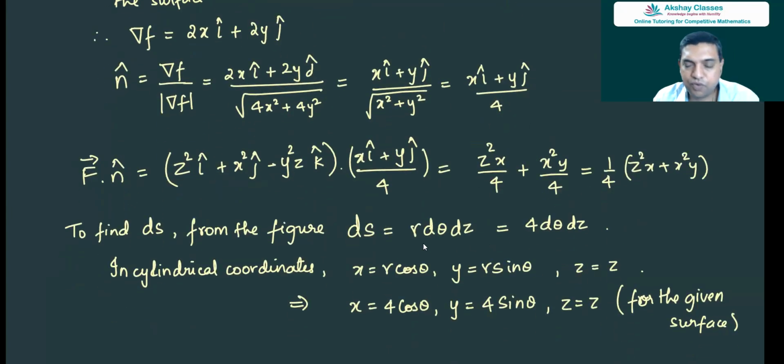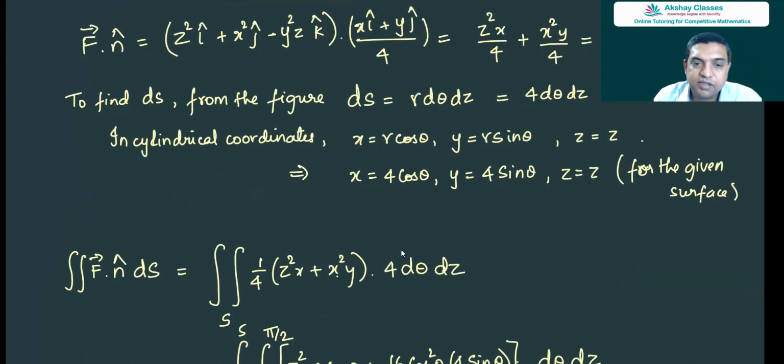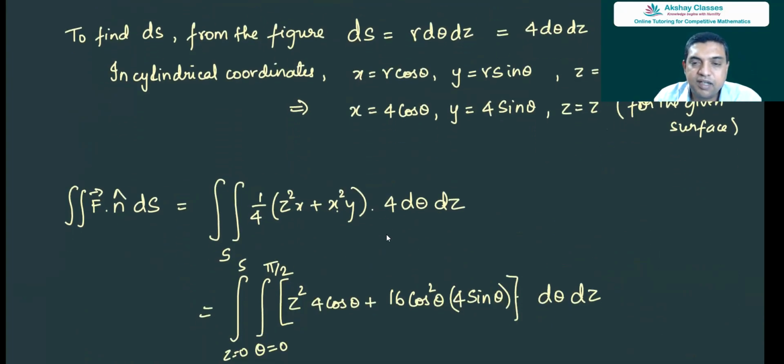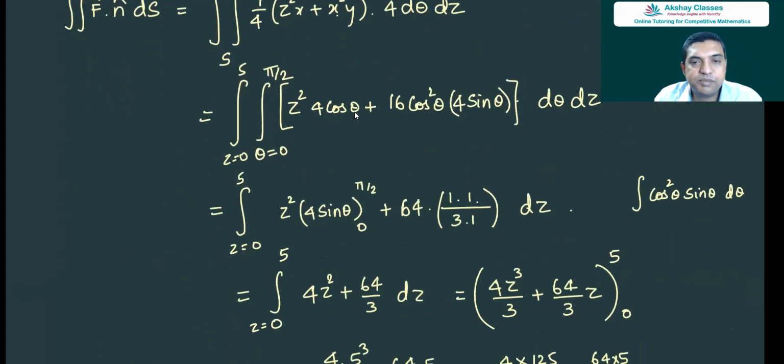R is constant here, 4 units radius, x square plus y square equal to 16 means r is 4. So ds is 4 d theta dz. Now we substitute cylindrical coordinates. So we do f dot n ds. Within this, we replace x, y, and z using cylindrical coordinates, and ds by 4 d theta dz. When we substitute cylindrical coordinates and then apply limits, because we want the first octant, theta varies from 0 to pi by 2, and z from the bottom surface to the top surface, 0 to 5.